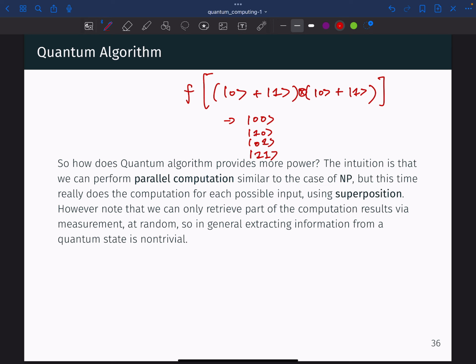But notice that you can only retrieve the results via measurement, and this is not very straightforward. So it's powerful, but not as powerful as you might think.